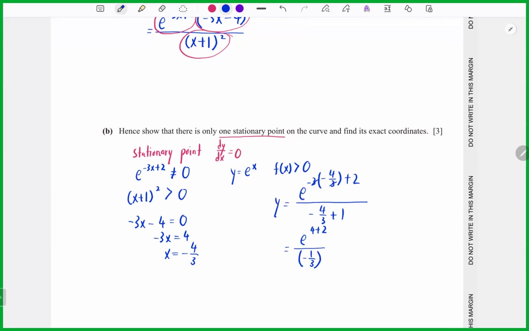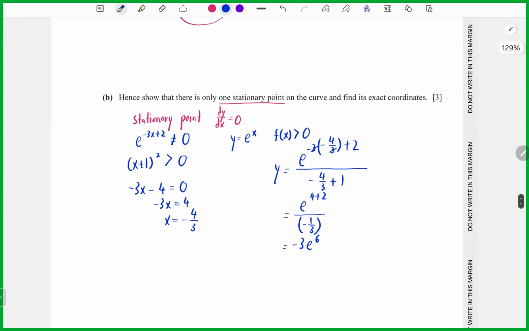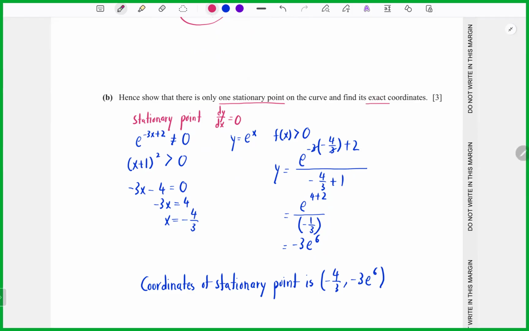Now you can do the reciprocal, so you will get negative 3e to the power 6. So the coordinates of the stationary point are negative 4 over 3, negative 3e to the power 6. Please don't write in decimal places because the question already mentions the keyword exact. I hope you can get it.